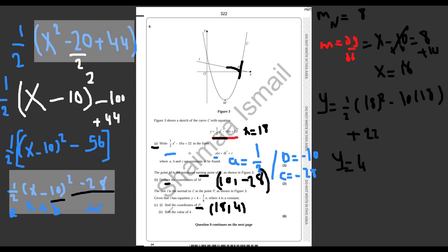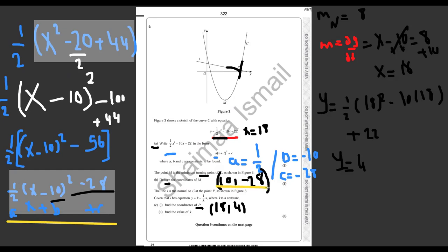Okay, then here I want you to find the value. So here is question number 8. This is all question number 8. And here is B, we already got it here.